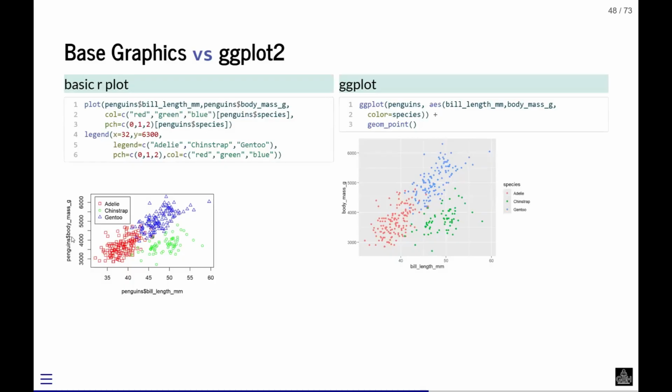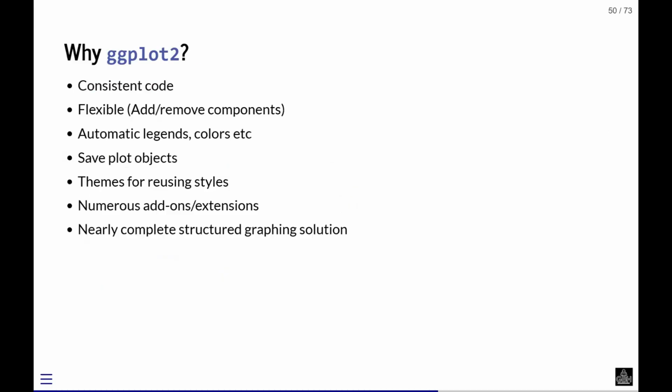You need 6 lines to plot this left plot. In ggplot, you just need a little extra to plot the right one, where you get a free legend and free colors as well. Though we have mentioned colors here, it automatically assigned the colors for you. So once you make an advanced plot, ggplot is better.